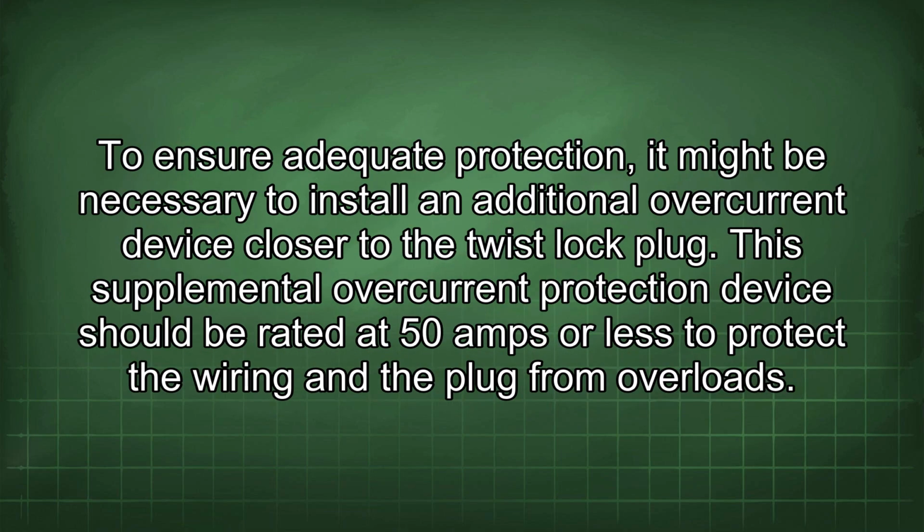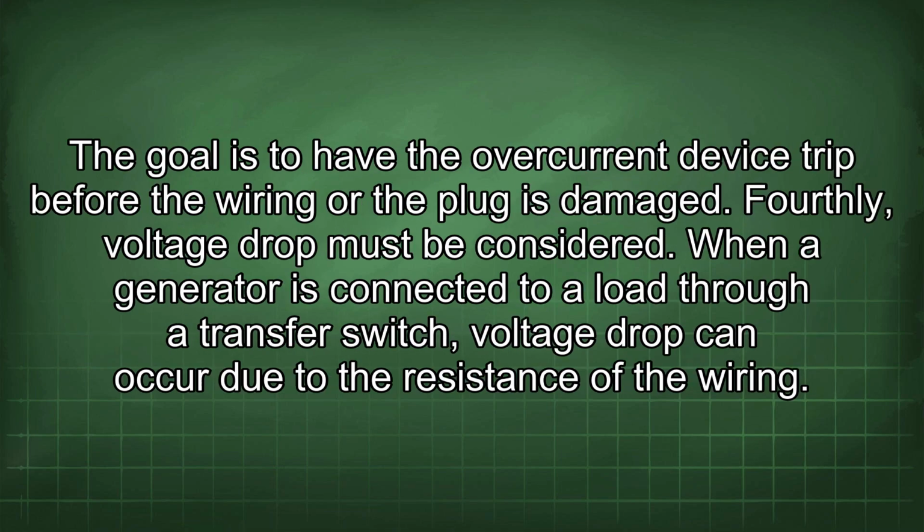To ensure adequate protection, it might be necessary to install an additional overcurrent device closer to the twist lock plug. This supplemental overcurrent protection device should be rated at 50 amps or less to protect the wiring and the plug from overloads. The goal is to have the overcurrent device trip before the wiring or the plug is damaged.